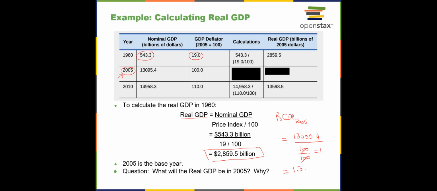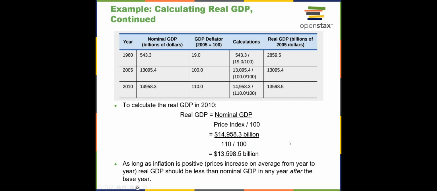So the real GDP is $13,095.4 billion. To calculate the real GDP in 2010, you take the nominal GDP in 2010, take the price index, divide by 100, and that's how you calculate the real GDP.